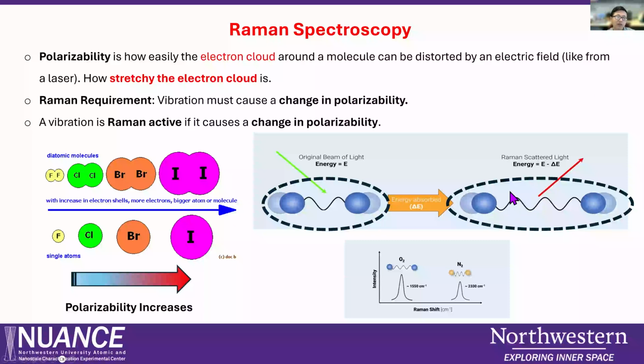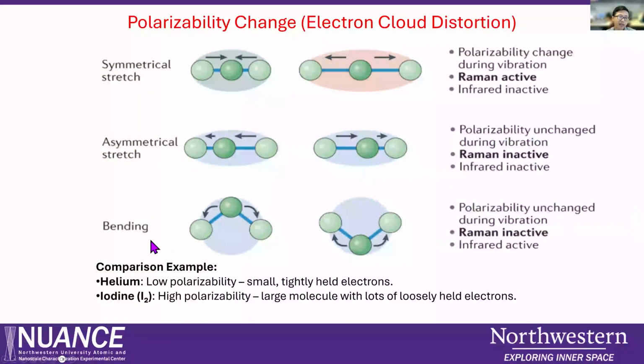For this kind of molecular vibration, Raman is very active and can detect it. Another example is bending. Even if the dipole may change, as a whole the electron cloud does not change. Like this stretching, where the electron cloud does not change, it is Raman inactive and cannot be detected. Raman can only detect vibrations where the whole electron cloud changes, and then it can easily detect them.